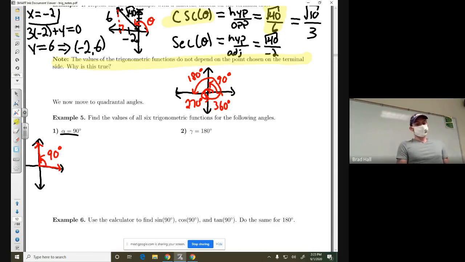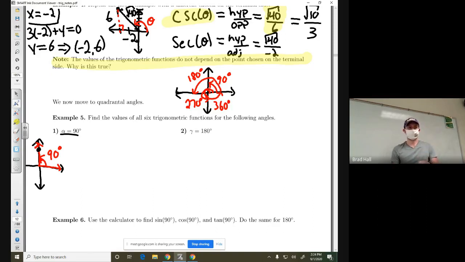So that's 90 degrees. In examples 3 and 4, what we normally did was use the idea of triangulation to make a triangle. The problem here is since the angle lies on an axis, we cannot triangulate. In the previous problems, if we had a point on the terminal side, we dropped that point straight down to the x-axis and formed a triangle.